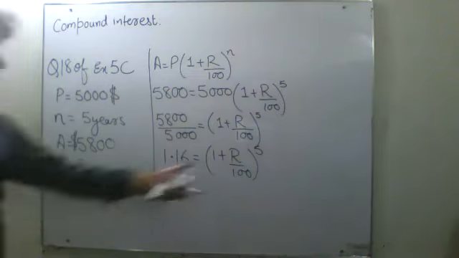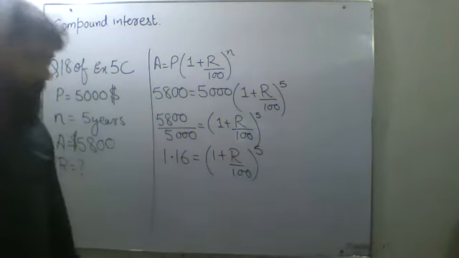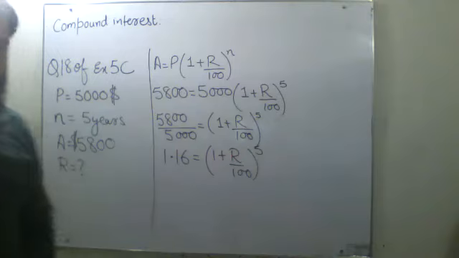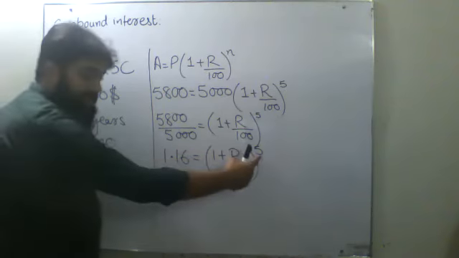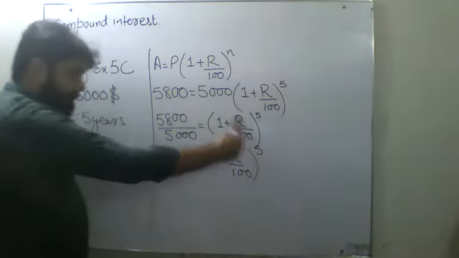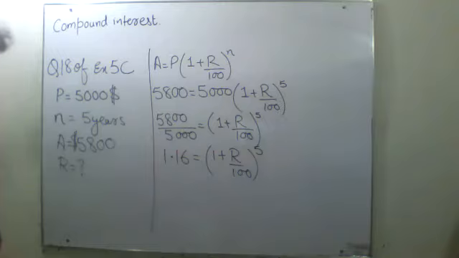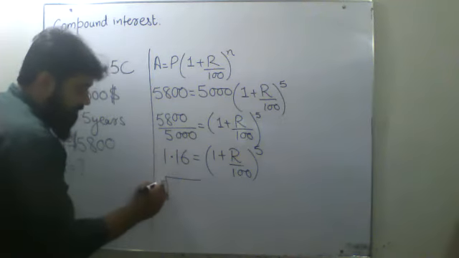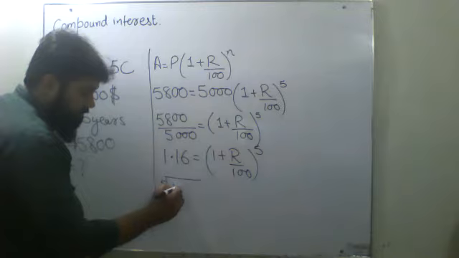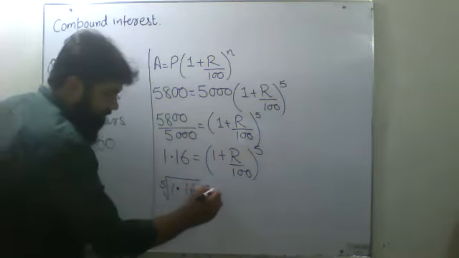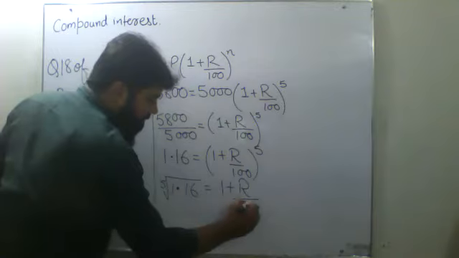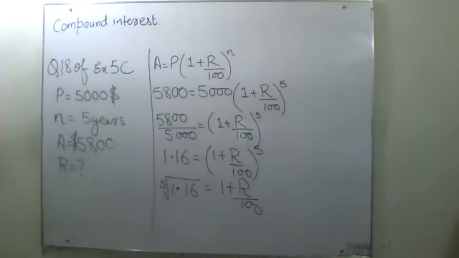I have to find the value of R over here. Okay, but R is inside a bracket where a power 5 is given. So as the power is 5 over here, when I shift it over here, what will happen? That will become the fifth root of this thing.